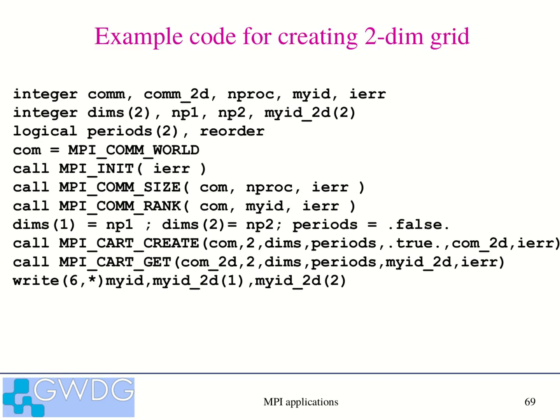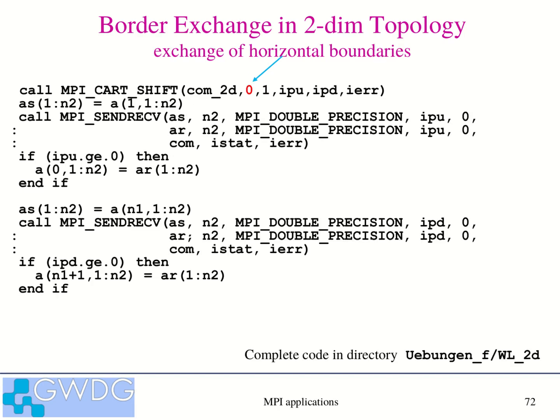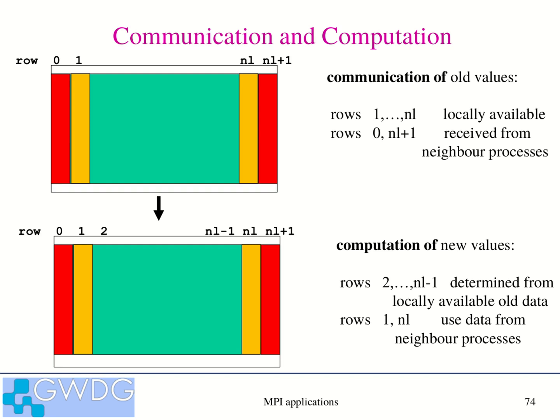Now one last point, which I want to demonstrate with the diffusion equation, the parallelization of this equation, is something concerning the overlap of communication and computation. Let me return to the case of a one-dimensional partition of the domain. So I have displayed here one domain of one process.